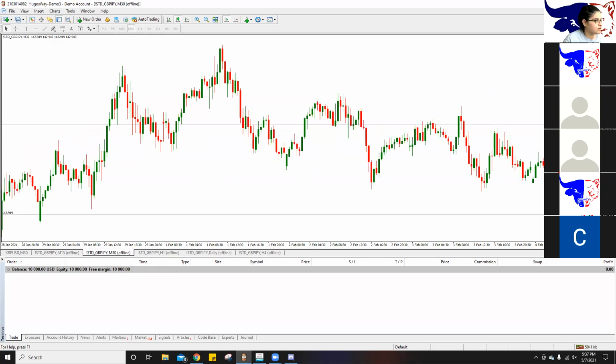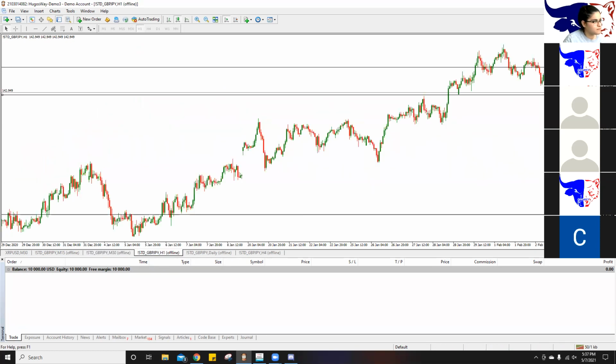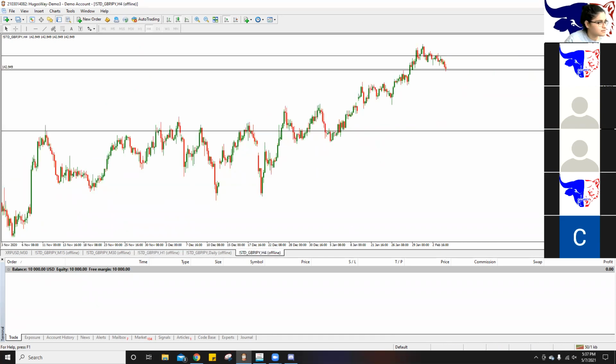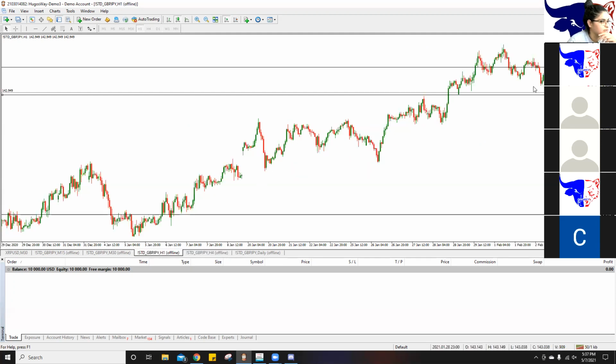All right, so that's our 4-hour chart right here. There we go. This is our 4-hour chart. That was the hourly chart that we had.